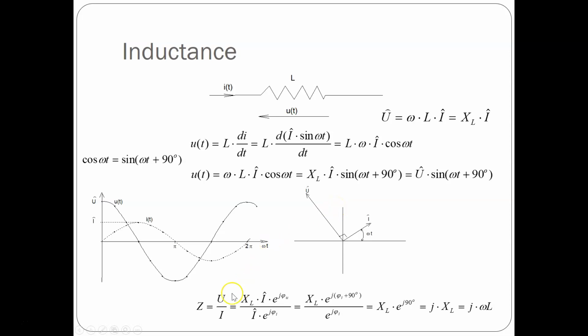And of course the impedance, if you have the expression for this, we will have this expression, and this XL is the ohmic value, as you know, of the inductance. But we will typically use it in this fashion, or in jXL fashion.